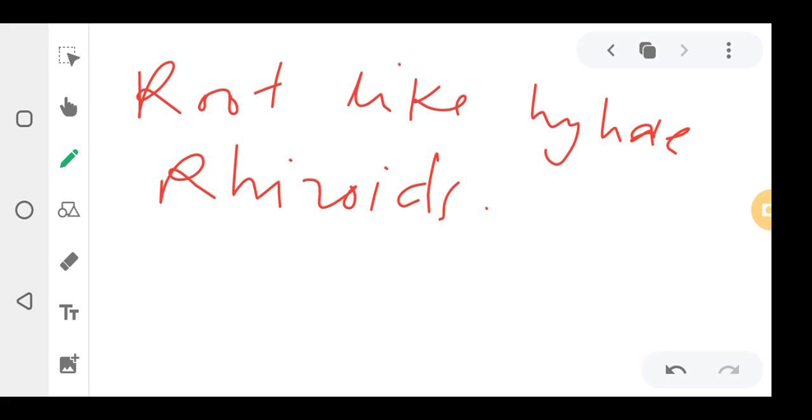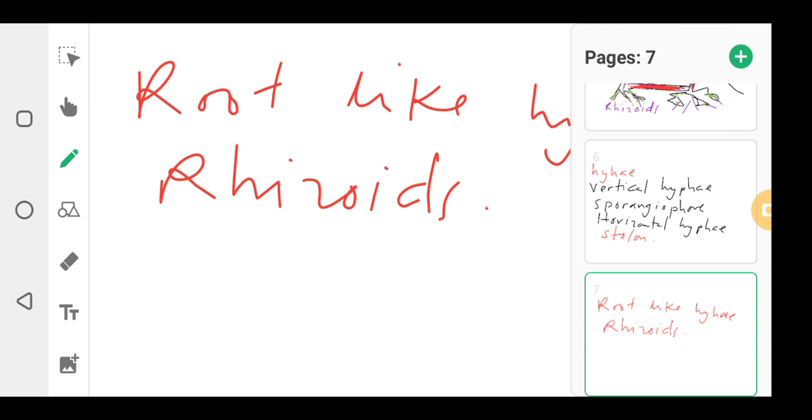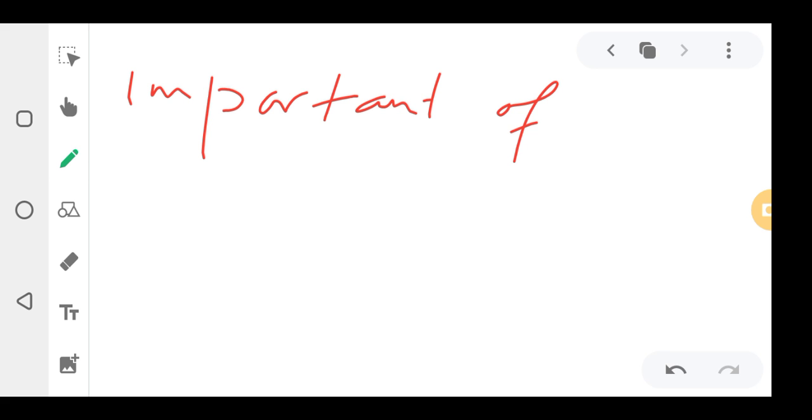So, some of the importance of these saprophytes.